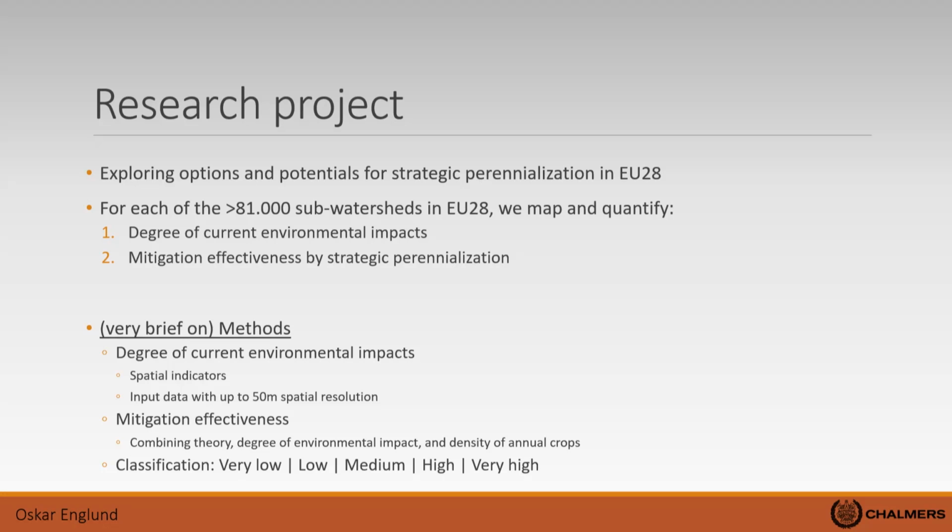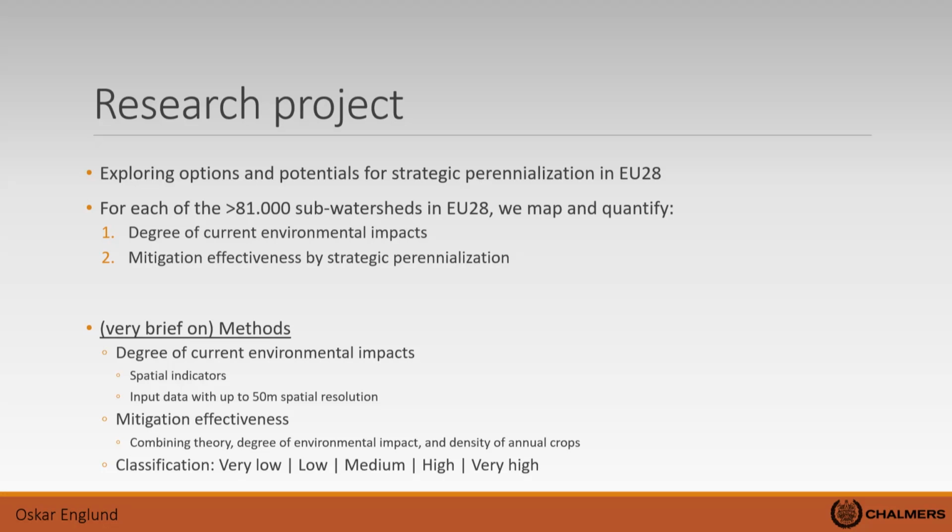And just some very brief notes on methods. The degree of current environmental impacts was estimated by using spatial indicators with quite high spatial resolution, 50-meter spatial resolution, and then we aggregated it to a value for the entire landscape.